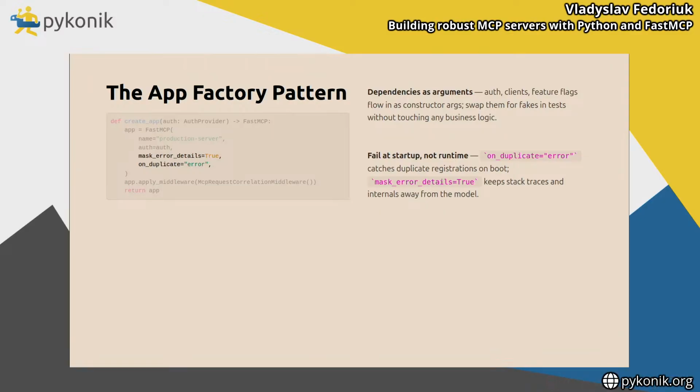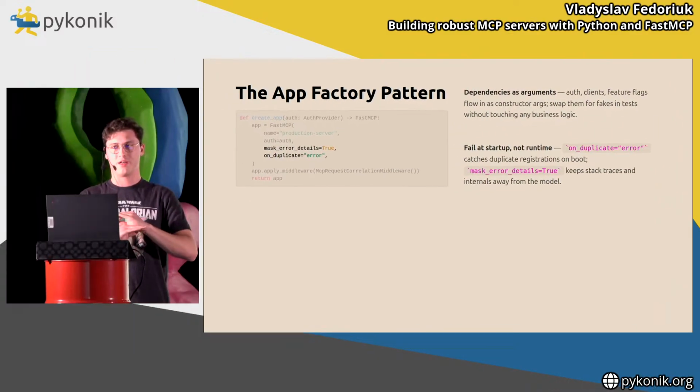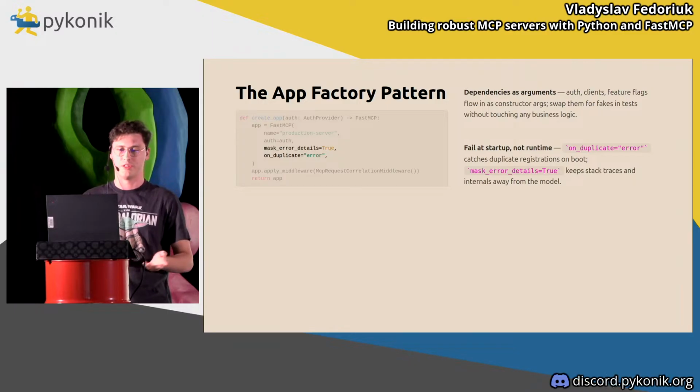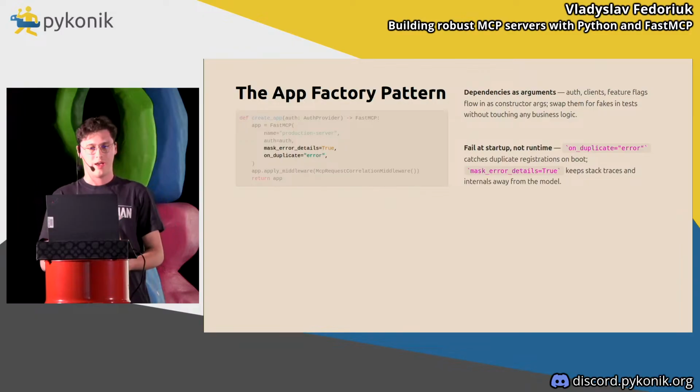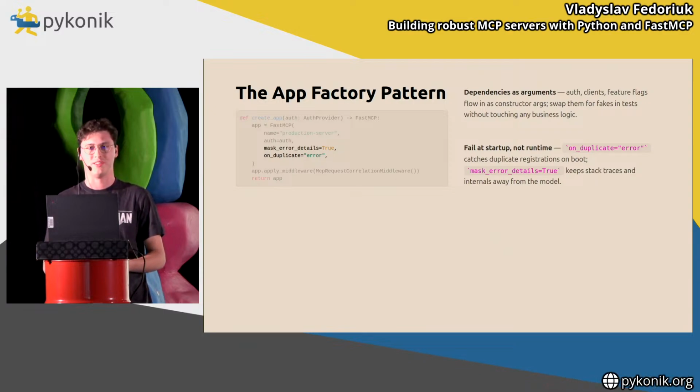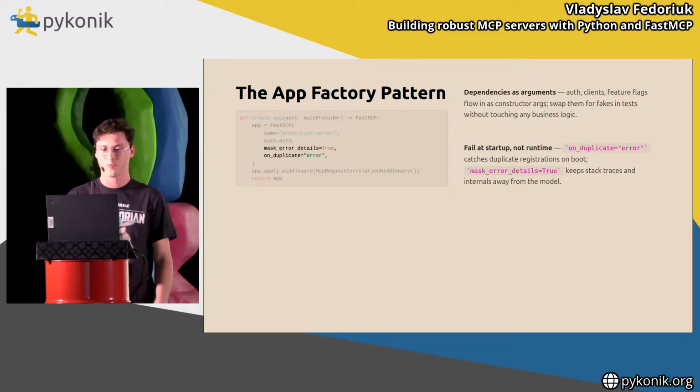So mask error details makes sure that every non-tool error exception is converted to a generic error message. And unduplicate error means that if at any point in your application you try to register two duplicate resources, it will just fail at startup, not something that you will then discover from traces or logs.